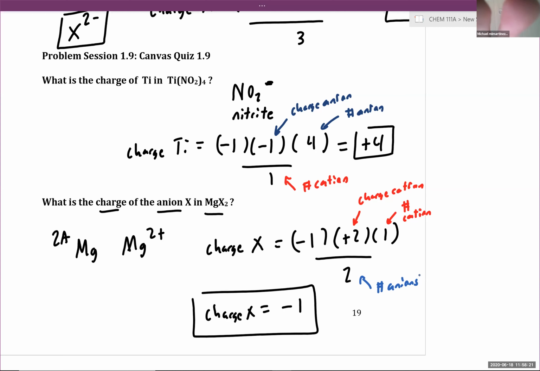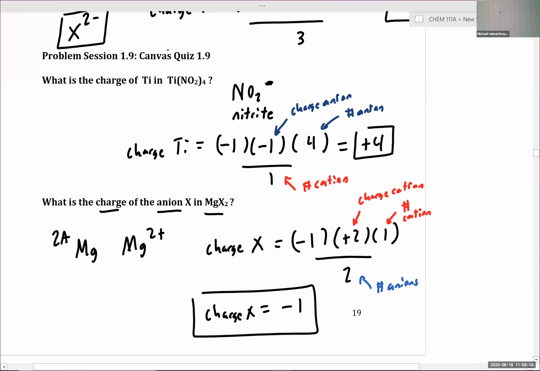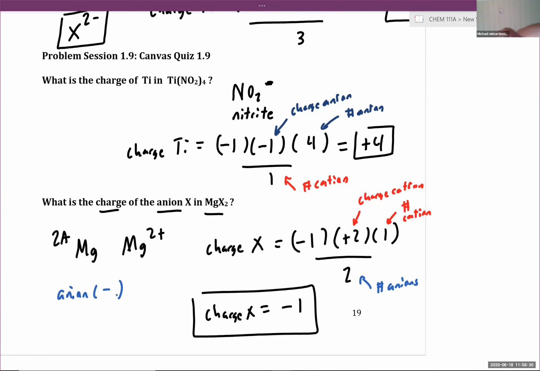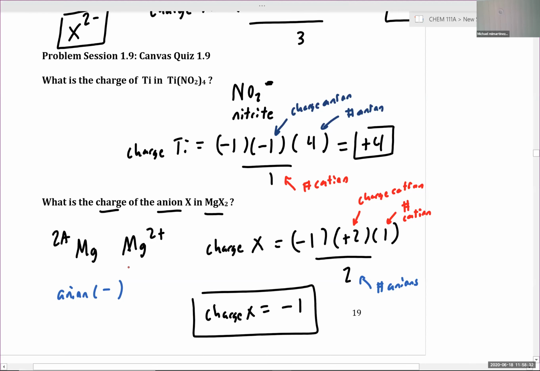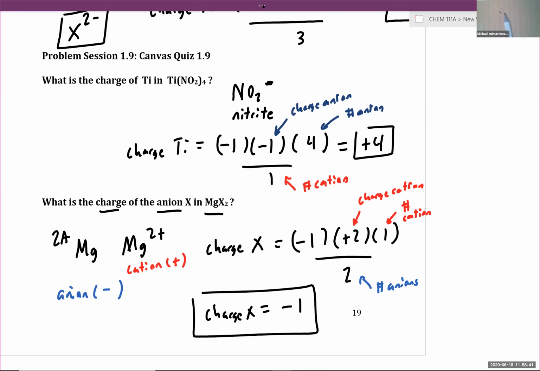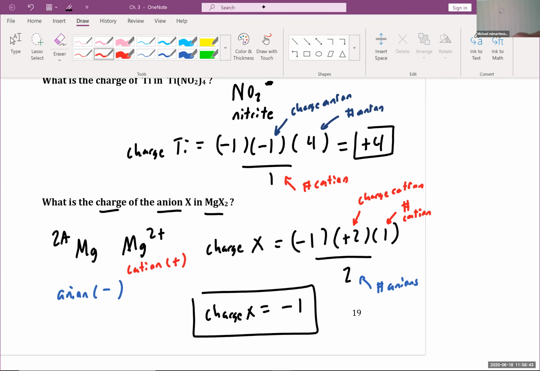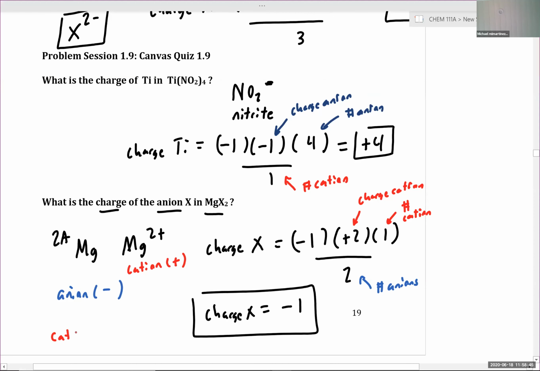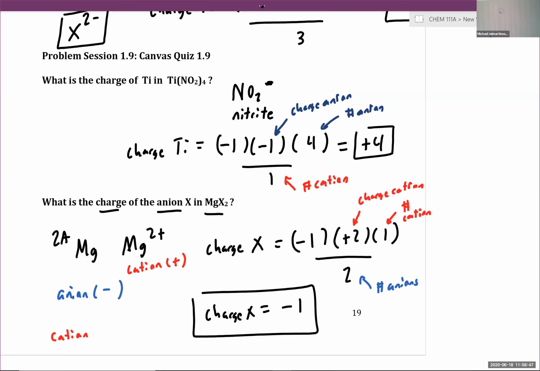So the anion is the species with the negative charge. And if you have a metal such as magnesium, the metal is a cation because it has a positive charge. Typically, ionic compound formulas have the general form of the cation first, followed by the anion.